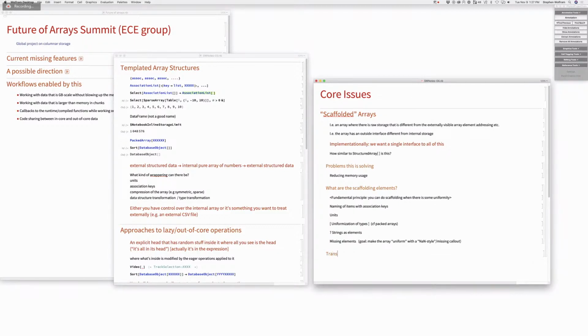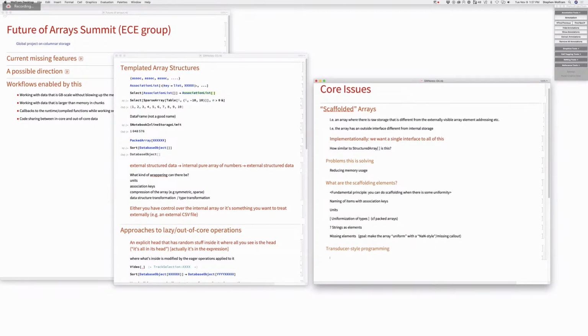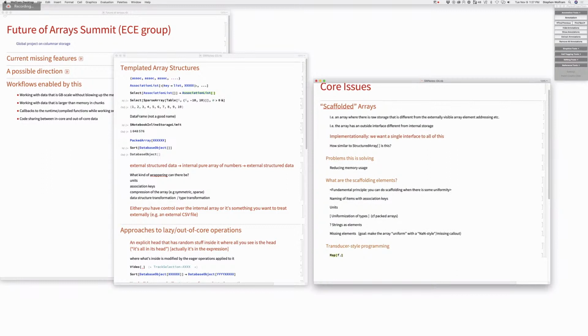There's sort of transducer style programming, which means, at least in my interpretation, that when you say map F onto a scaffolded array, the whole idea is that somehow you do not have to unpack the scaffold. You see what I'm saying? Is this making any sense?